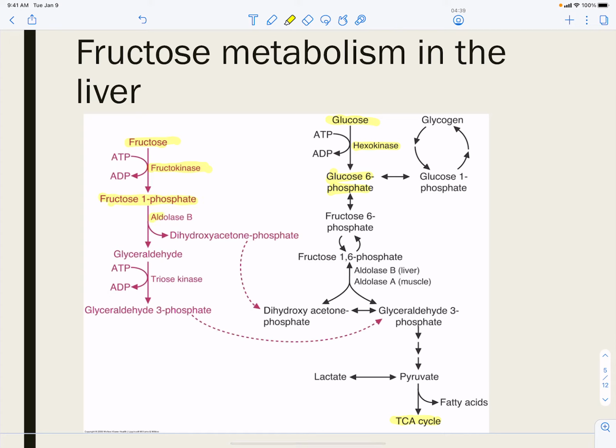You're going to require aldolase B to generate glyceraldehyde and dihydroxyacetone phosphate. Now, dihydroxyacetone phosphate feeds right into glycolysis and goes to the TCA cycle. Your glyceraldehyde has to add a phosphate to it through a triose kinase, and you get glyceraldehyde 3-phosphate which also can feed into glycolysis.